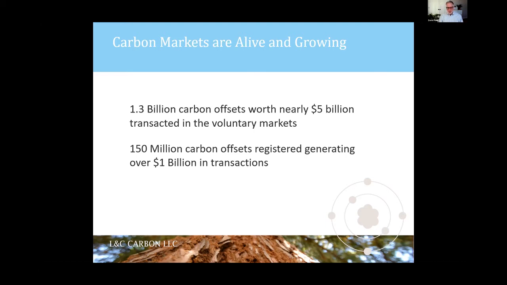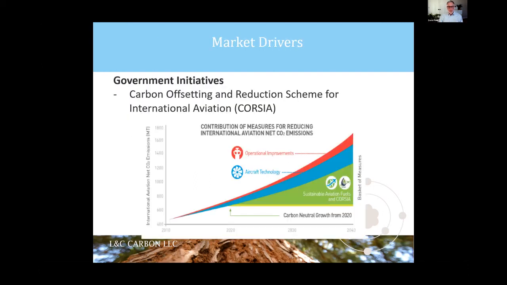It was a time when the Chicago Climate Exchange was just closing, and the California Air Resources Board and others were getting started. And there wasn't a huge amount of demand for carbon in the market in those days. That picture, I think, has really dramatically changed, and I'm going to talk a little bit about why.